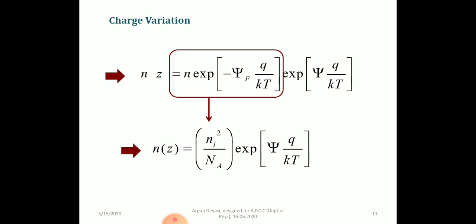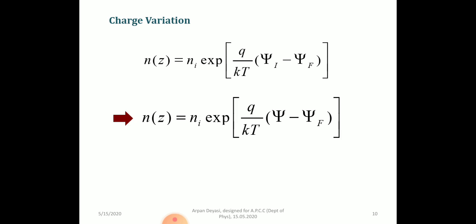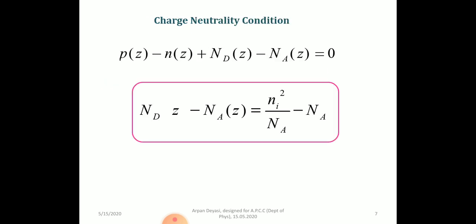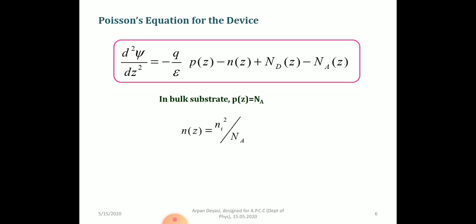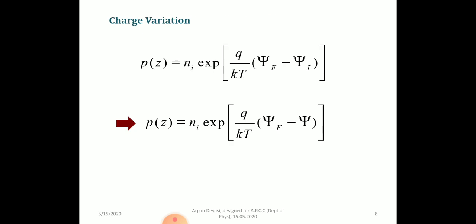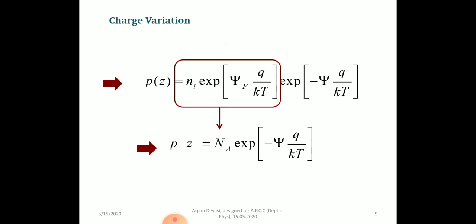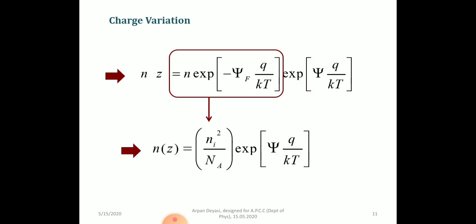If you forget it again, I am showing the previous slide where I have written that in the bulk it will be n_i squared by N_a. So n_i squared by N_a is the minority carrier concentration at the bulk, and I am substituting the value of n_i squared by N_a multiplied by the exponential factors. That will give you the values of p(z) and n(z).